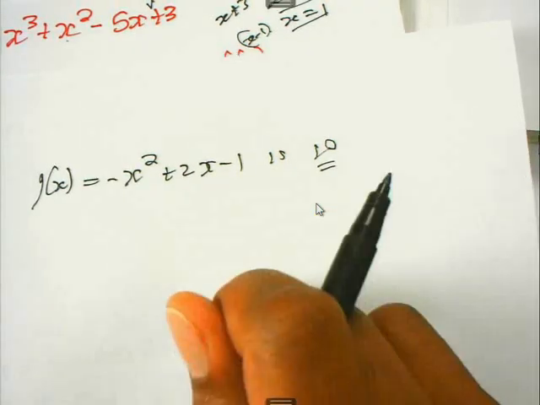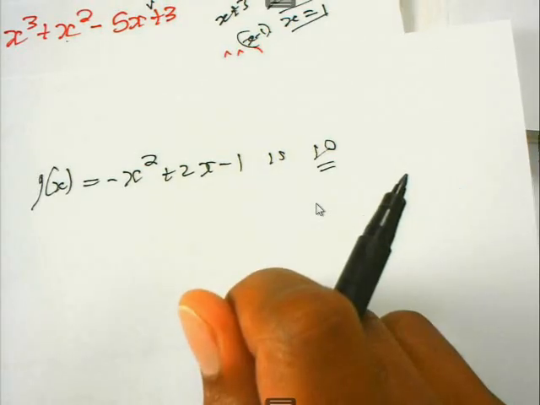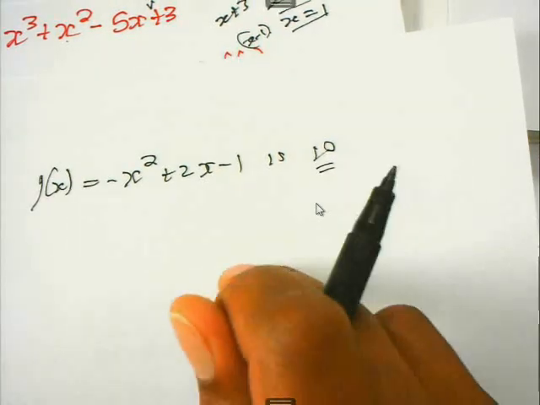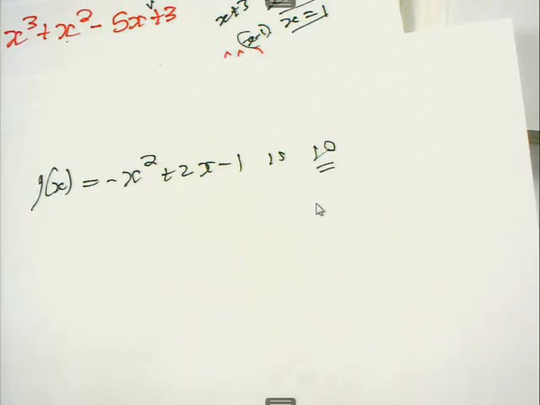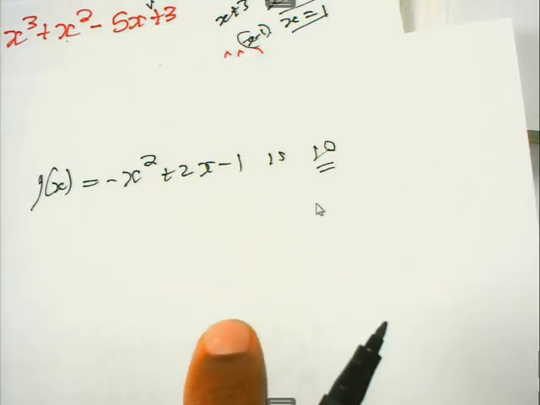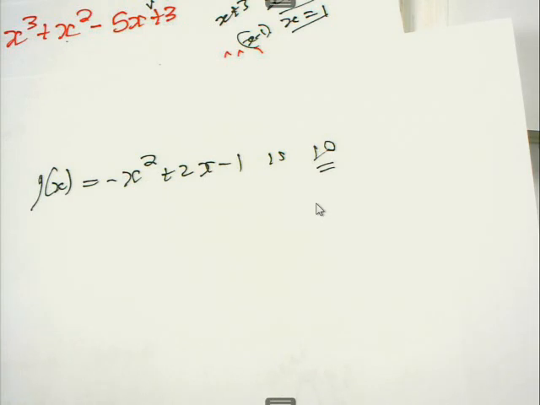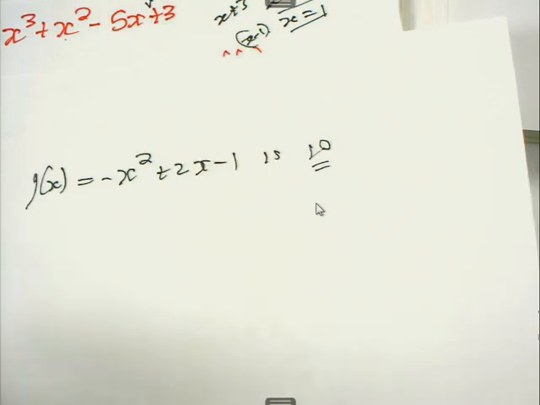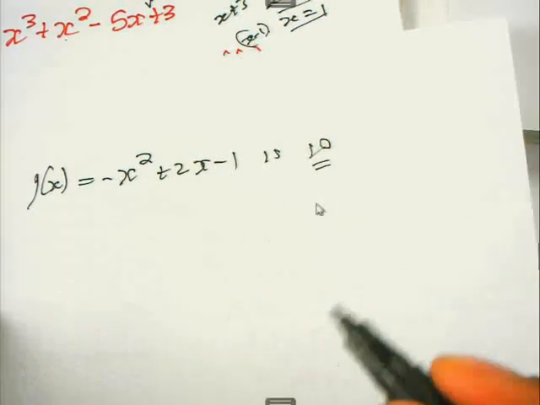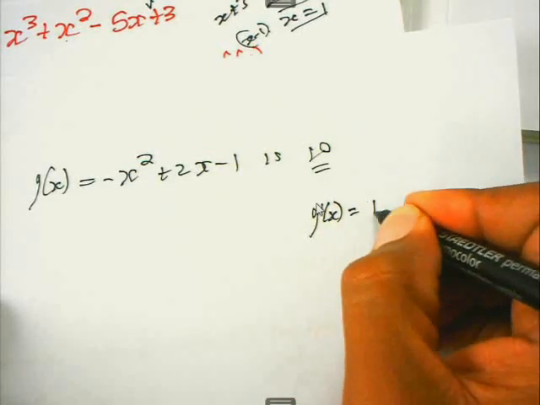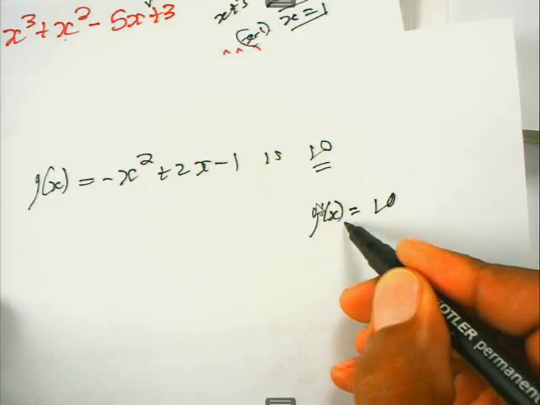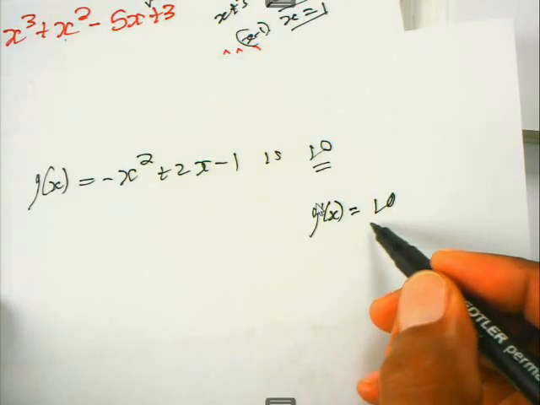You need to determine the derivative first, and thereafter, you'll be given the specific value of x that you will substitute in the derivative so that you are defining the derivative at that point, right? Now, from here, we know that g prime of x is equal to 10. We don't know what is the value of x that will make the gradient of the tangent to be what?